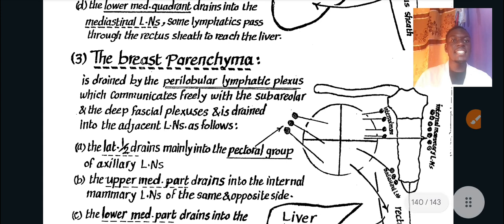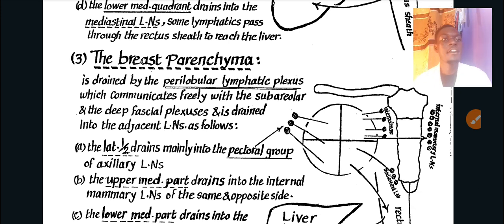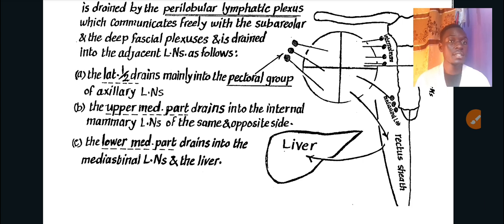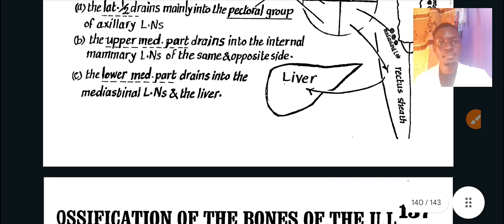And you realize that the lateral half mainly drains into the pectoral group of the axillary lymph nodes. The upper medial part drains into the internal mammary lymph nodes, of the same side or the opposite side, and then the lower medial part drains into the rectus sheath and also the liver.